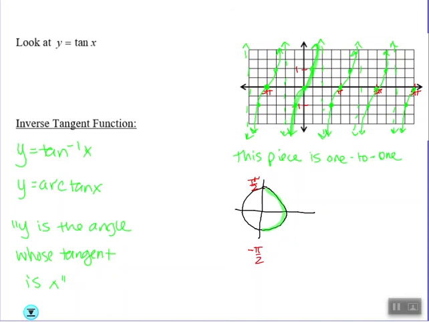But since we have asymptotes at -pi/2 and +pi/2, we have open endpoints and are not including -pi/2 and +pi/2. So inverse tangent is between -pi/2 and +pi/2, not including the endpoints.